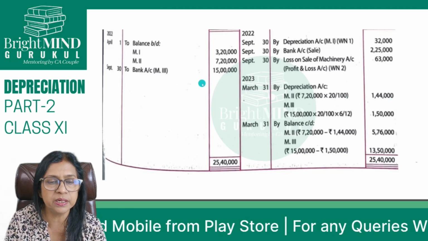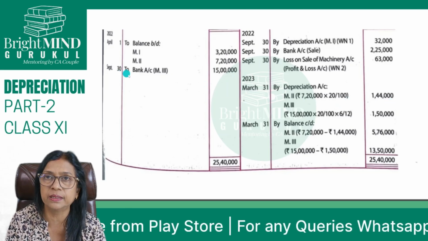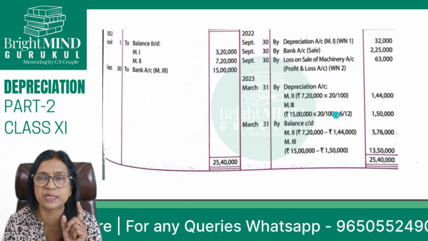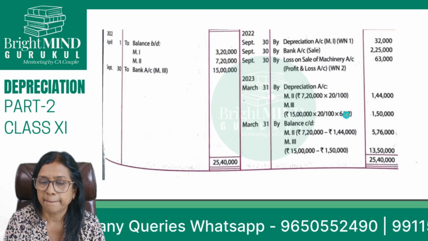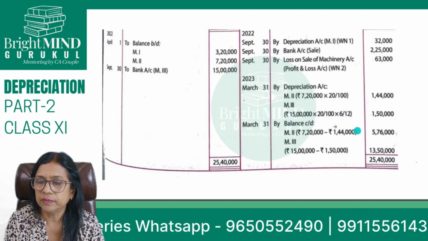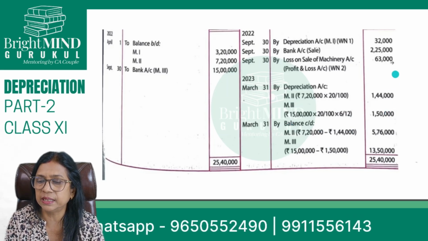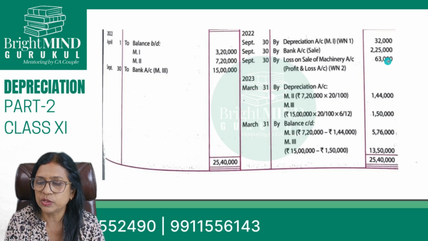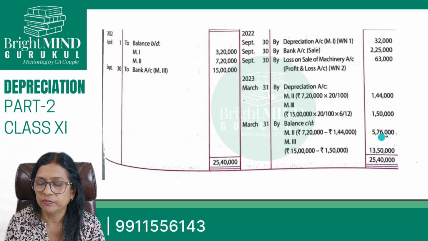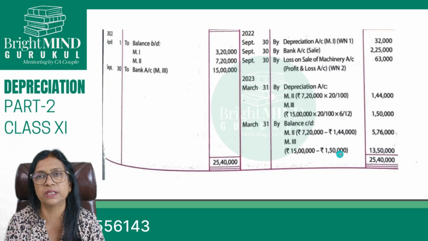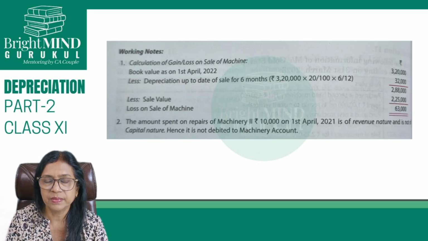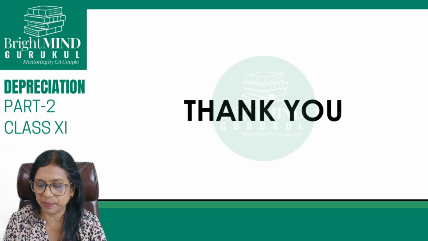For the third machinery, which is purchased on September 30th, the depreciation will also be calculated for 6 months. So now these are the depreciation and the total entries for sale and loss, and so the balance will be 5,76,000 and 13,50,000. So this brings us to the end of this chapter.